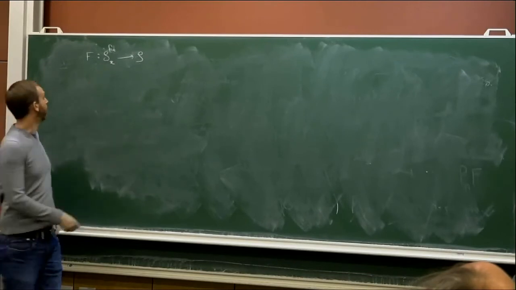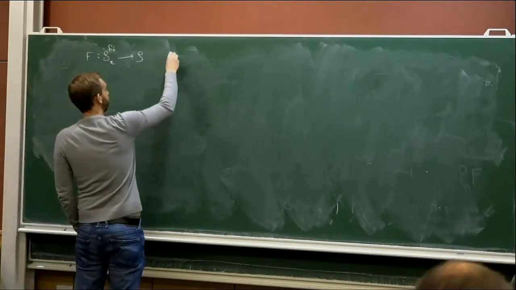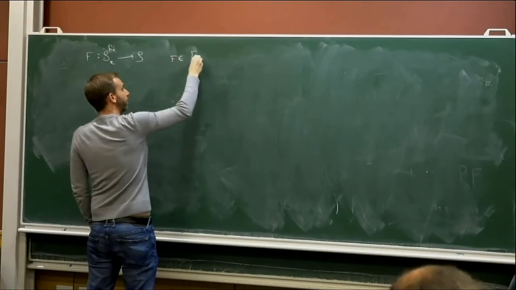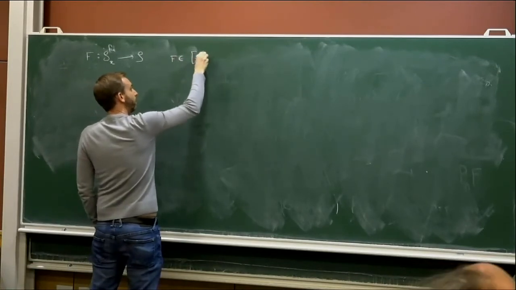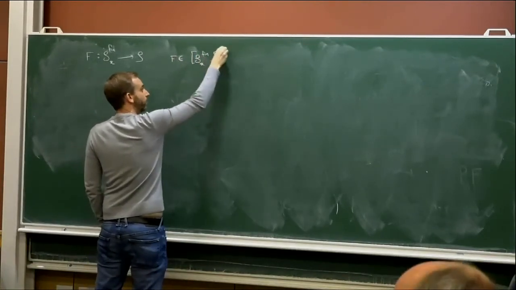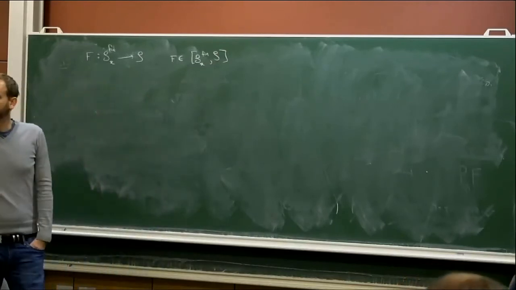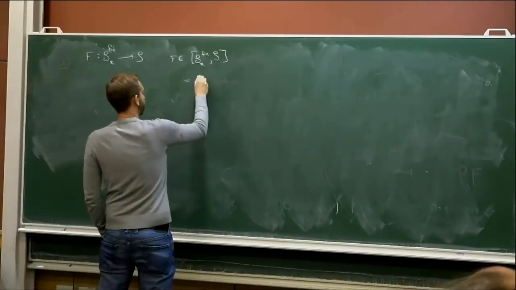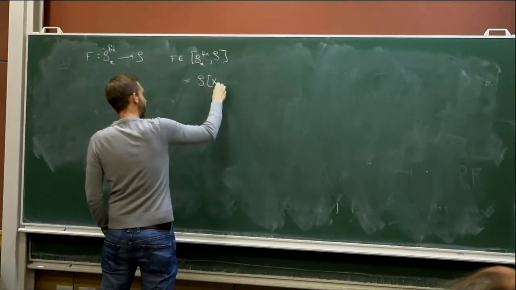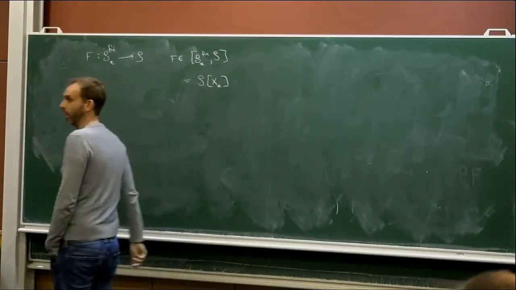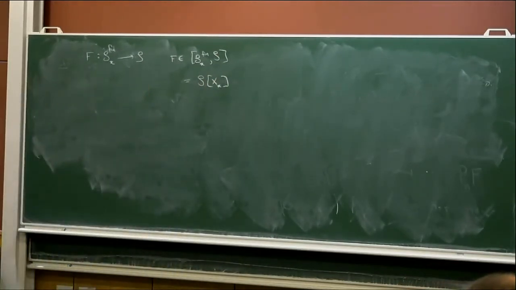So we're considering objects F in the functor category from finite pointed spaces to spaces. And this is a topos, the topos which classifies a pointed object, higher categorically.